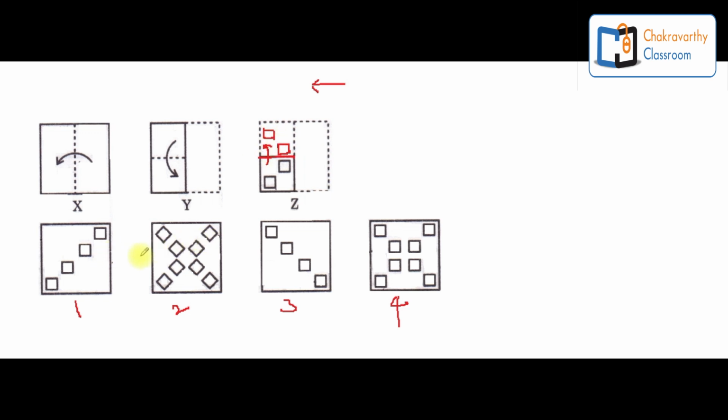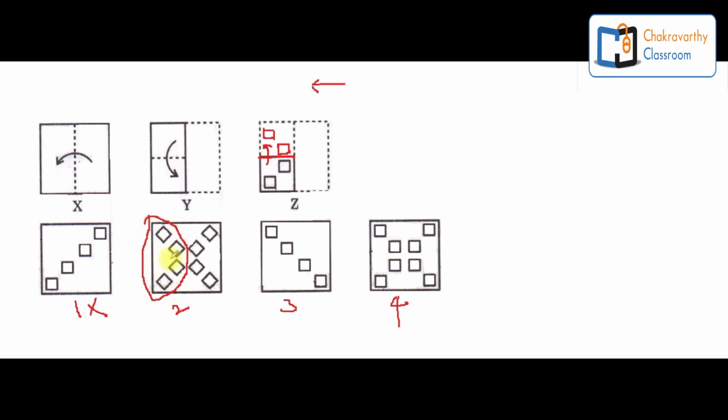Okay, so now in the options, on one side, if you just make it into two parts with one vertical line, so on one side, left side, two squares like this followed by two squares like this. In how many options that is there? First is ruled out, no way. Second is okay, I'm talking about this part, only this part.